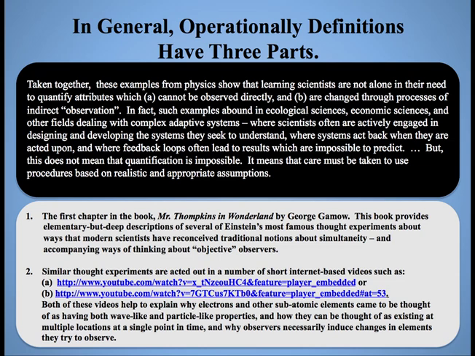In fact, such examples abound in ecological sciences, economic sciences, and other fields dealing with complex adaptive systems, where scientists often are actively engaged in designing and developing the systems they seek to understand, where systems act back when they are acted upon, and where feedback loops often lead to results which are impossible to predict. But, this does not mean that quantification is impossible. It means that care must be taken to use procedures based on realistic and appropriate assumptions.